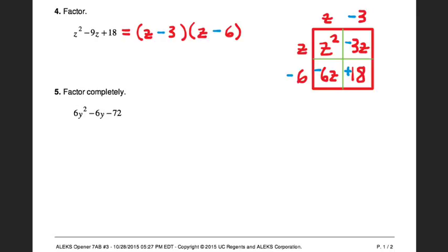So we haven't screwed that part up. Sure enough, when I remultiply that back out, we can always re-FOIL in order to know that we've gotten this answer correct. We do indeed get z squared minus 9z plus 18. So cool.